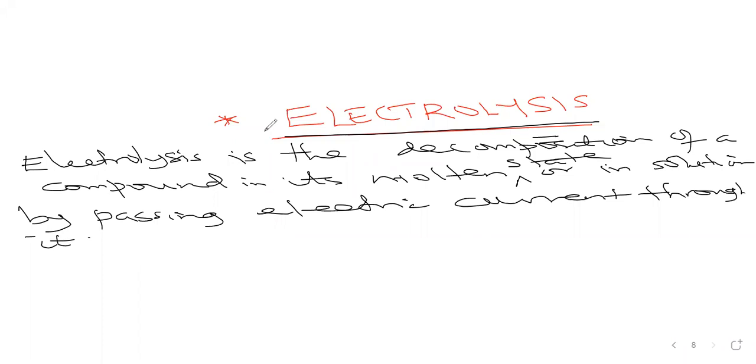So long as a compound conducts electric current, and within the process of conduction, it is decomposed, and that compound is either in molten state or in a solution with another solvent.